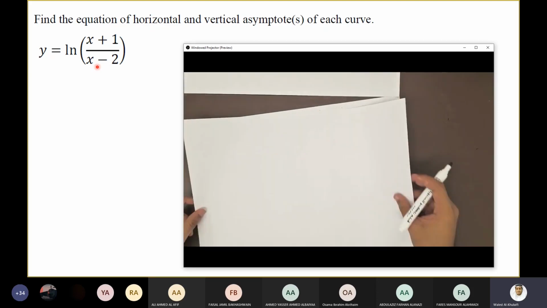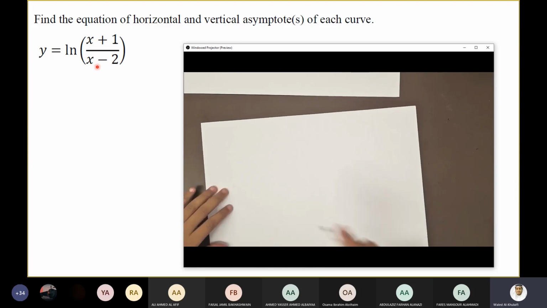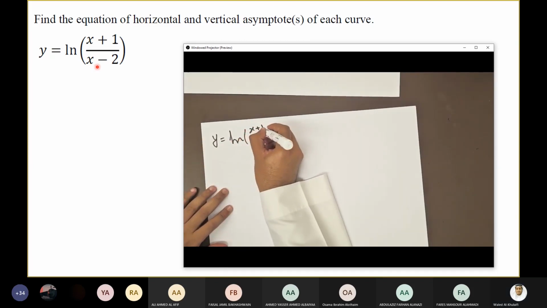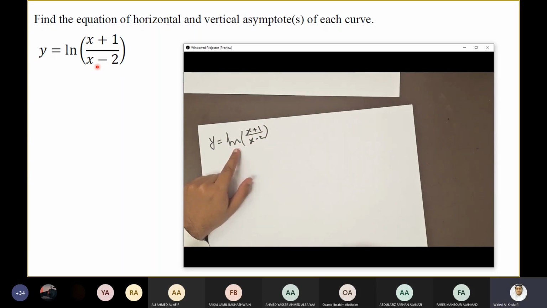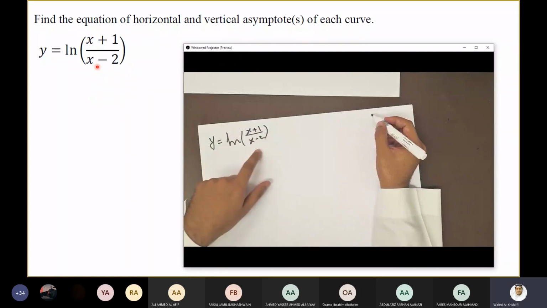Remember, this function is not only a fraction or rational, it is more. There is an ln involved here, of (x plus 1) over (x minus 2). What are the things I have to be worried about?